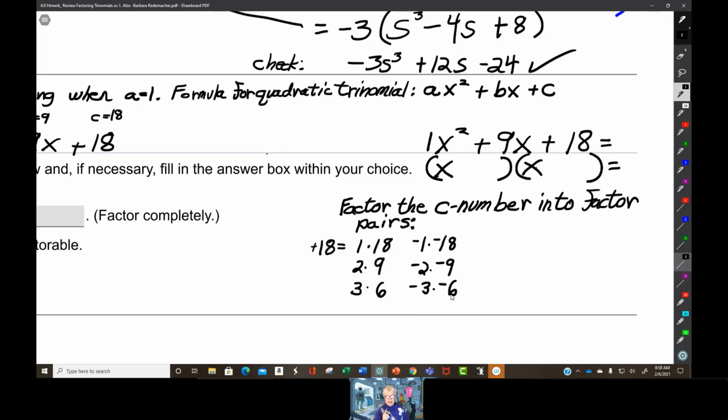This is what I need. I need a factor pair that has two numbers. Of course, they all have two numbers each because that's what a pair is. I need a factor pair in which both of the numbers add up to the middle term.